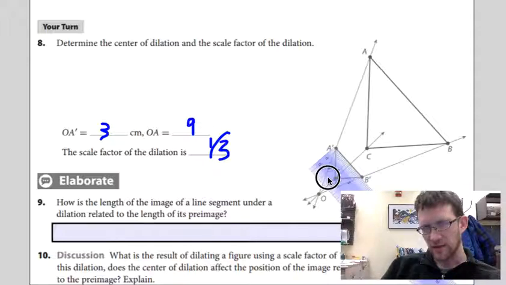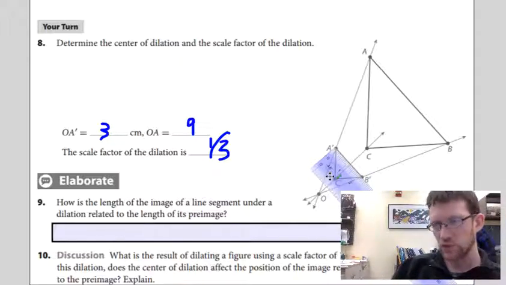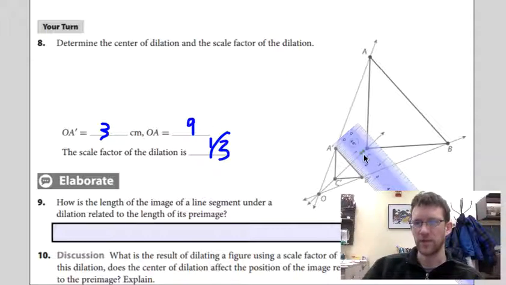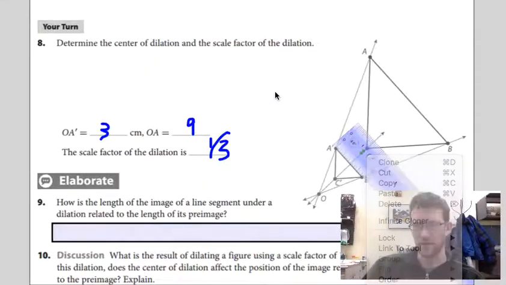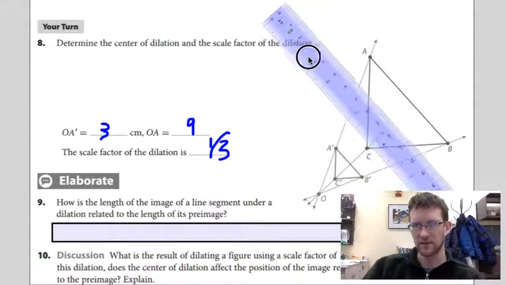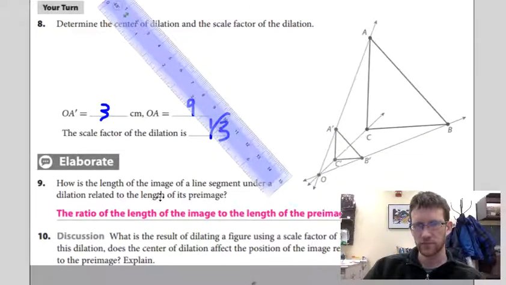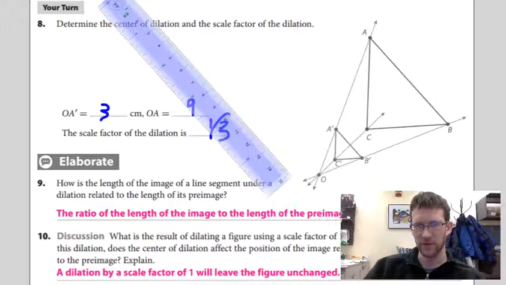The length of A prime to B prime is 2.3-ish. But it's about 1/3, right? The ratio of those lengths is the same as the scale factor.